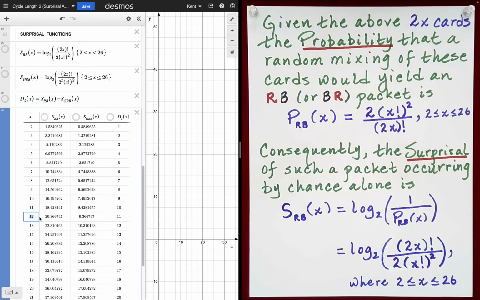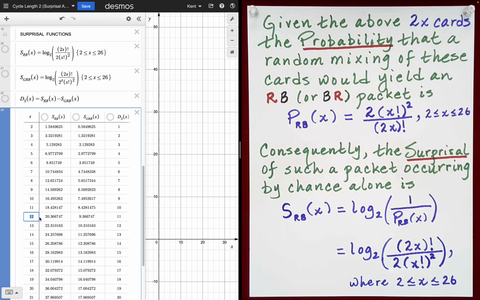But the Gilbreath principle allows us to do something amazing with the cards that involves randomly dealing out a portion of the packet and then riffle shuffling them together in a haphazard and messy fashion, and nonetheless, the ending packet has a structure that leads to a very high surprisal value. And we know this because of the Gilbreath principle.